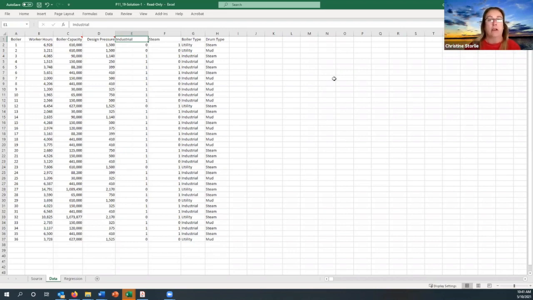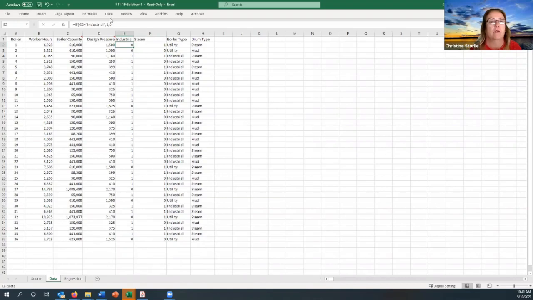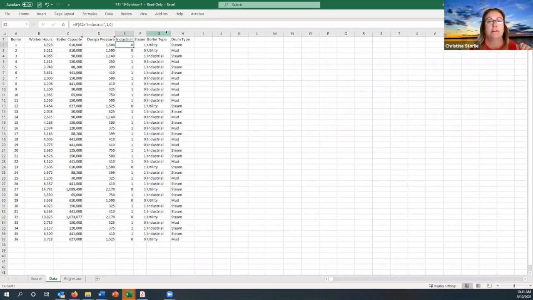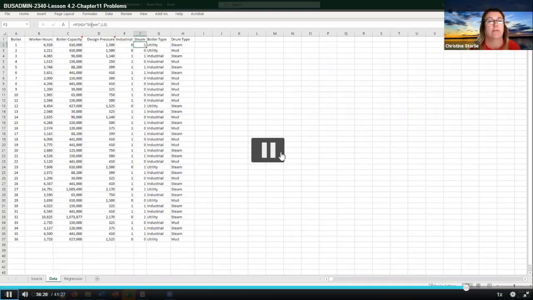I call my variable industrial and use the equation IF(G2="industrial",1,0), so 0 everywhere you see utility and 1 for industrial. I did the same for the drum types, picking steam.